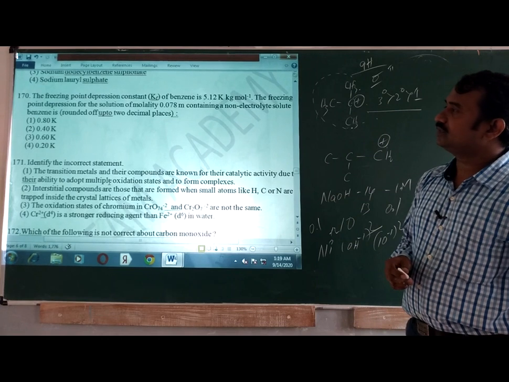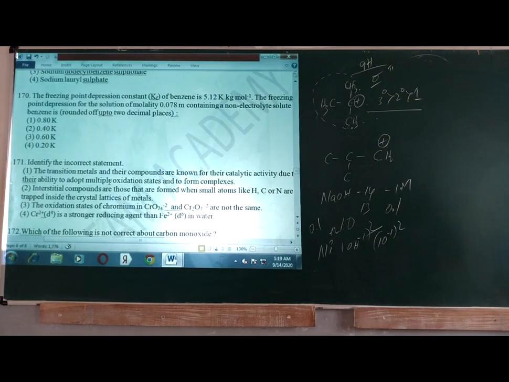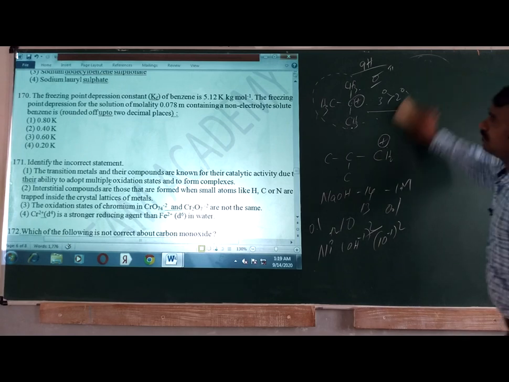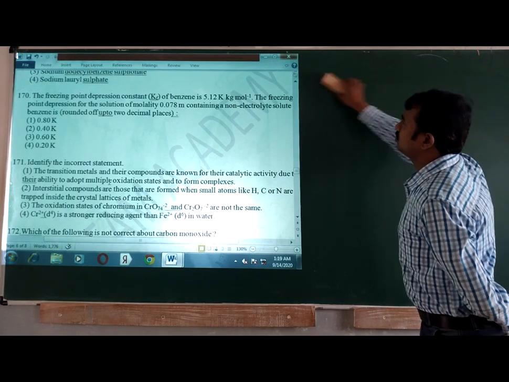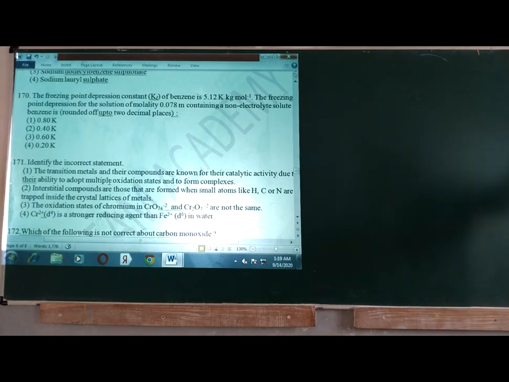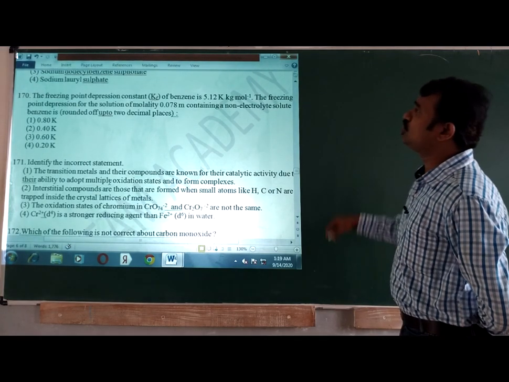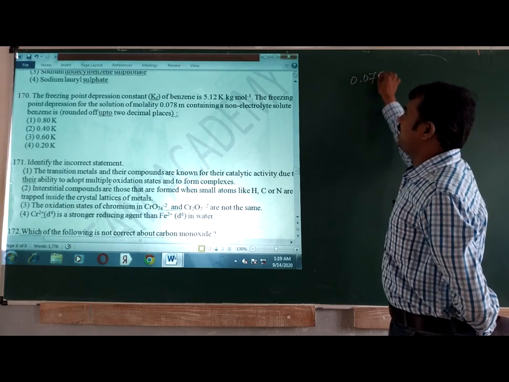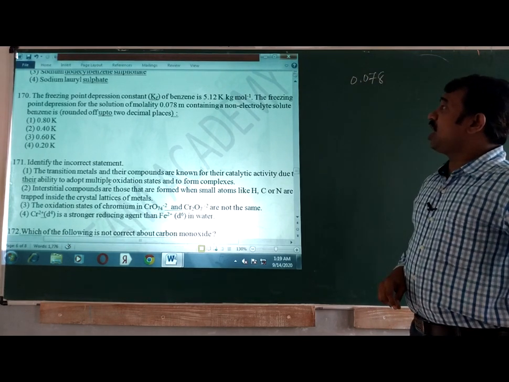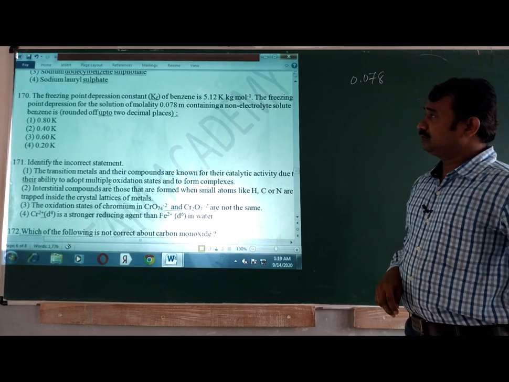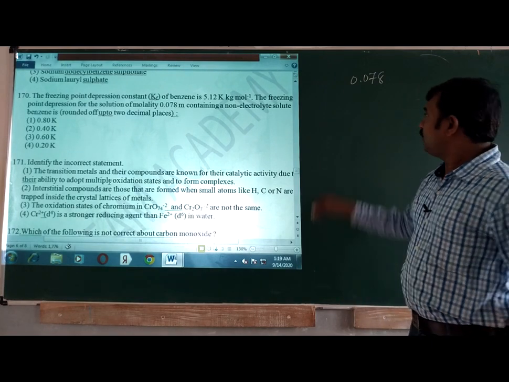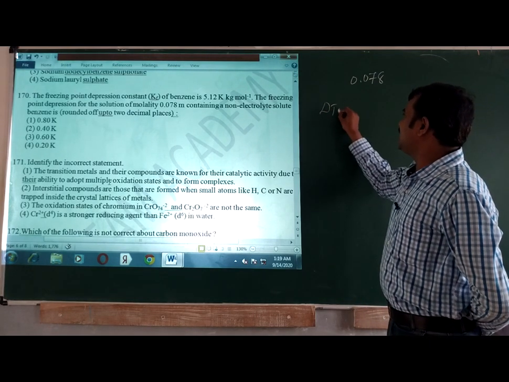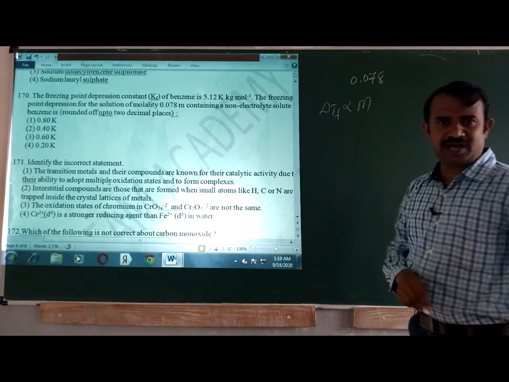Next one. The freezing point depression constant, the Kf of benzene, is 5.12 kg per mole. The freezing point depression of the solution decreases, 0.078, containing a non-electrolyte solution of benzene. We have to calculate the freezing temperature. The formula: delta Tf is directly proportional to molality.